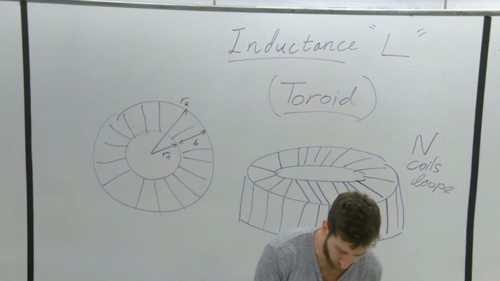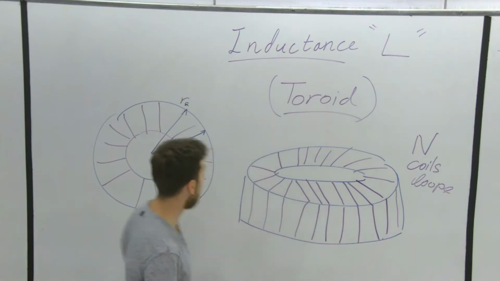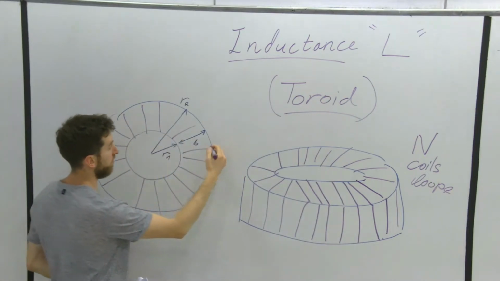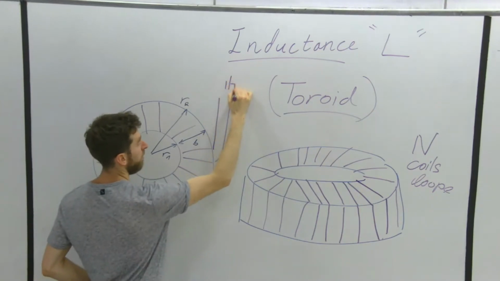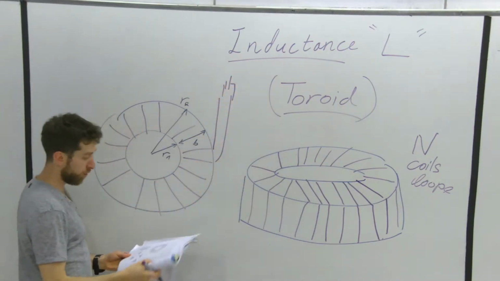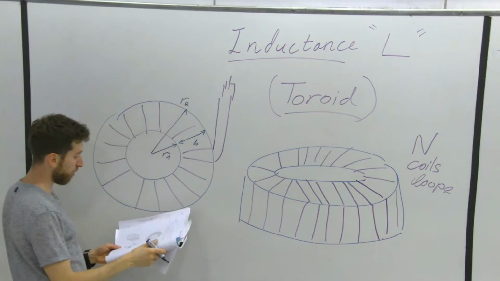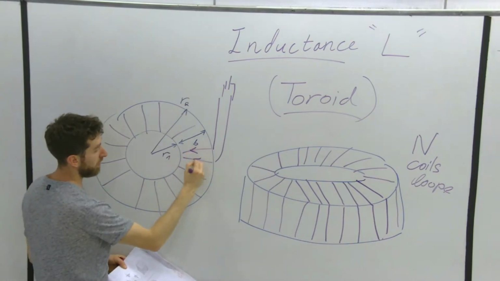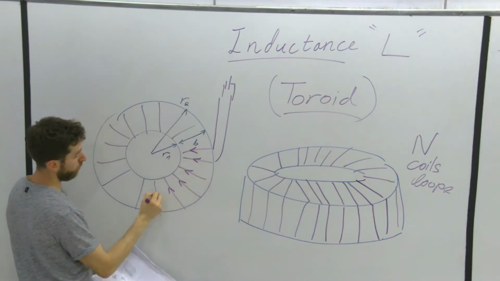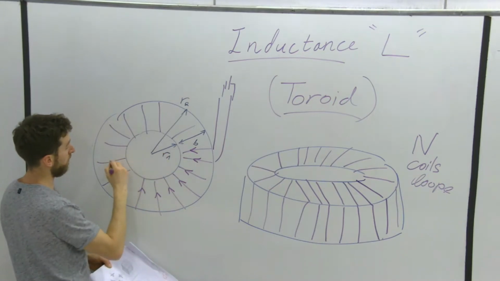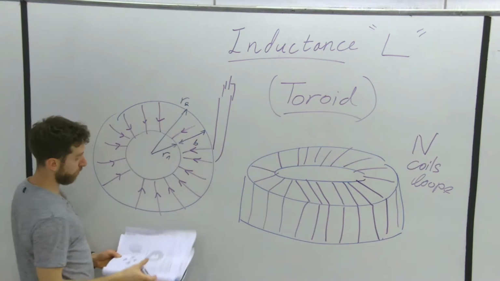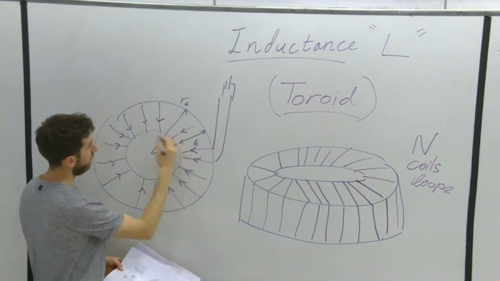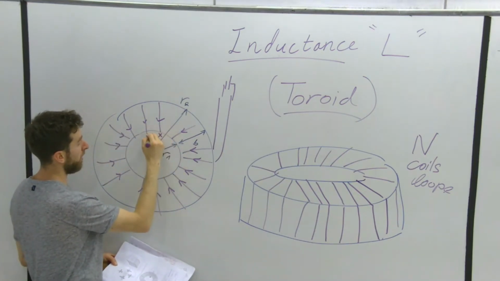You can also think about applying voltage to this coil. I have a battery, so I apply voltage to it. So what is the direction of the current? The direction of the current is, in my case, going in. If I'm looking from above, the current is coming to the middle, so here you can think of it as going in.